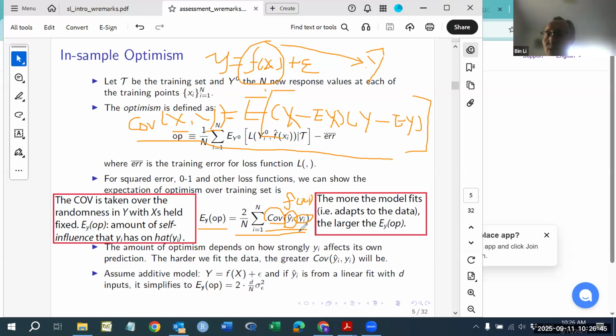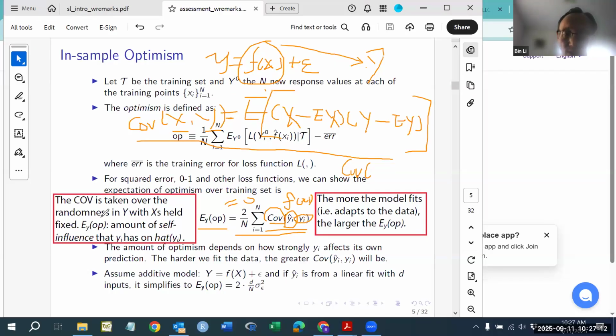It's not the fitted model, it's the truth. So this is fixed, and the yi is random. But if we have a covariance between a random variable and a fixed value, which is not a random variable, then it's always 0. So in the ideal case, this one will be 0. That means the expected value of the optimism is 0. So that's the ideal case.